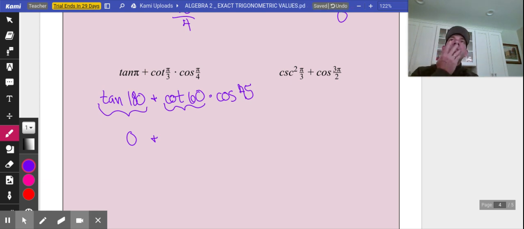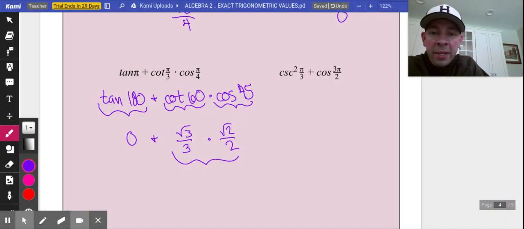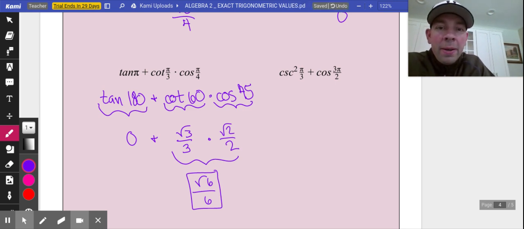The tangent of 60 is radical 3. So once I reciprocate that, that's going to be radical 3 over 3. And then the cosine of 45 is radical 2 over 2. So by the time I multiply these two bears, I'm going to get radical 6 over 6. Adding 0 keeps it the same. How about that? Whew. All right.